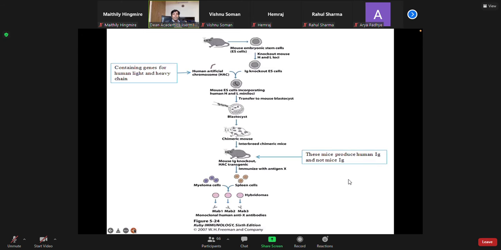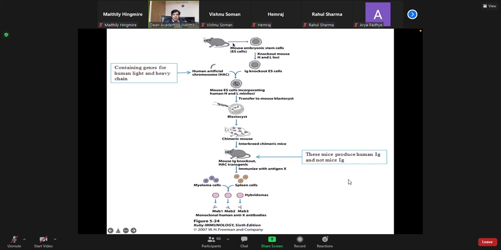How do you go about actually doing this? So that was one of those things. But first you have to have the sequence of an antibody which has a particular antigen specificity, right? This is the normal approach that you use.